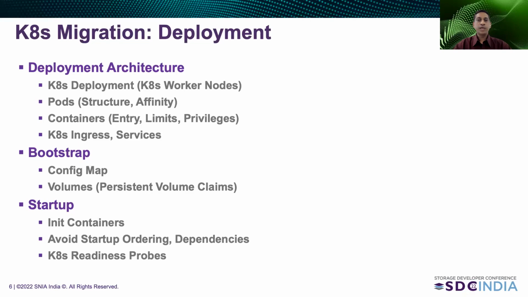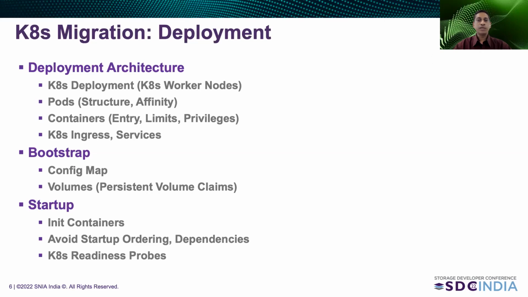There can be different types of containers depending on the type of job you need to perform. You may also need to define resource constraints for the containers. In Kubernetes, pods can be deployed using various Kubernetes controllers termed as deployments, stateful set, daemon set, and so on.